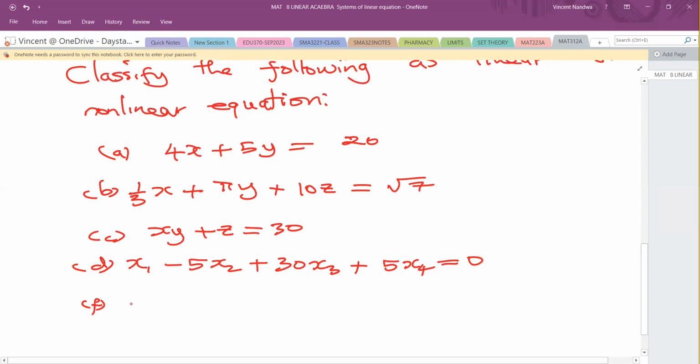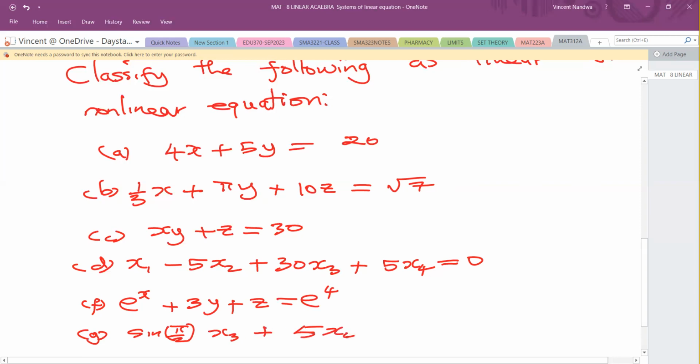E: e power x plus 3y plus z equals e power 4. F: sine pi over 2 x3 plus 5x4 equals e raised to power 4.